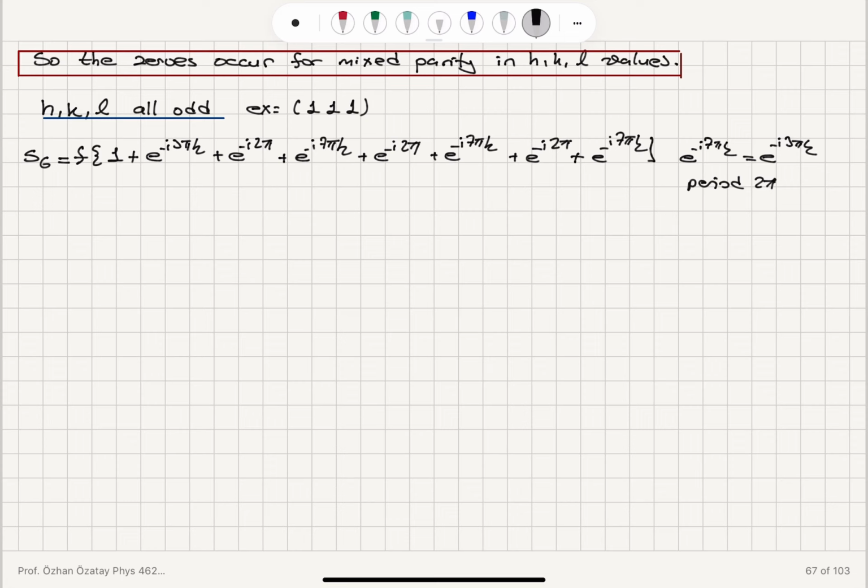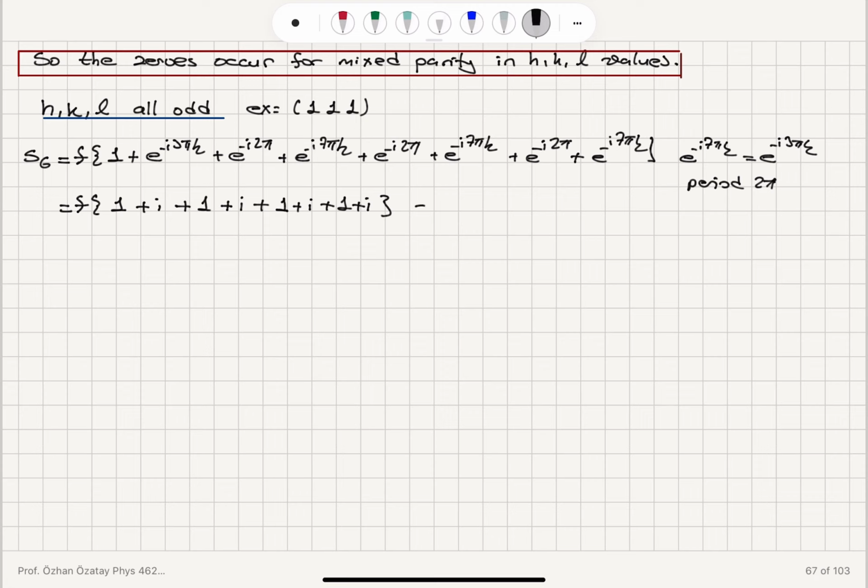So what are these numbers numerically? This is f times 1, e to the minus i 3 pi over 2 gives us a plus i. E to the minus i 2 pi gives us a plus 1. The next one is plus i, then plus 1, plus i, plus 1, plus i.